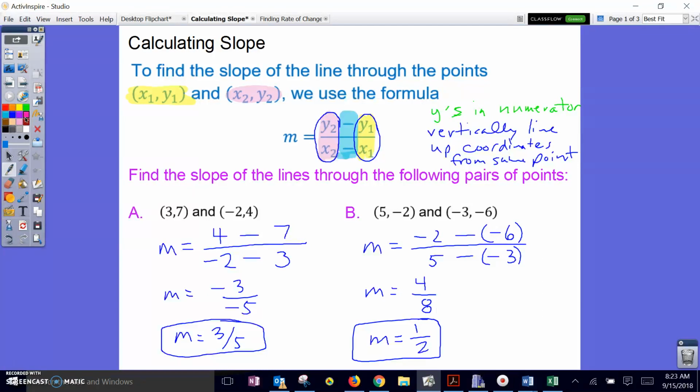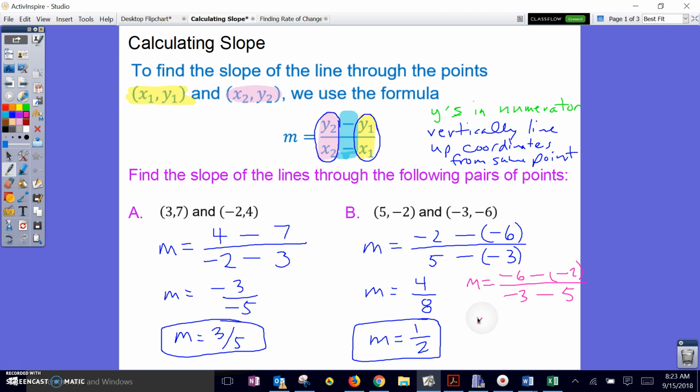Side note, I mentioned to you that the order we do them doesn't matter. If I had done this in the other direction, I put the coordinates from the point negative 3, negative 6 first, and the coordinates from the other point second, here's what would have happened.